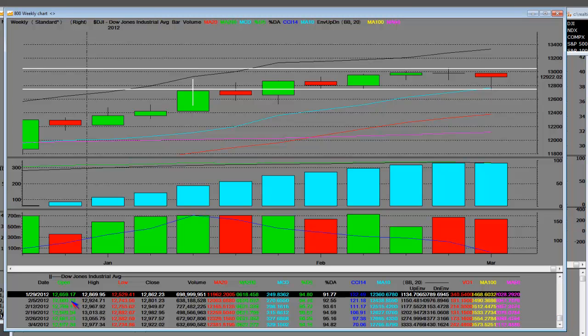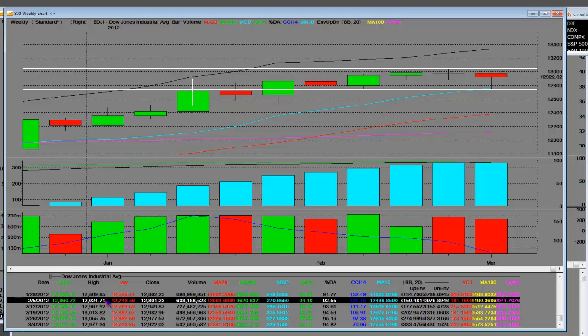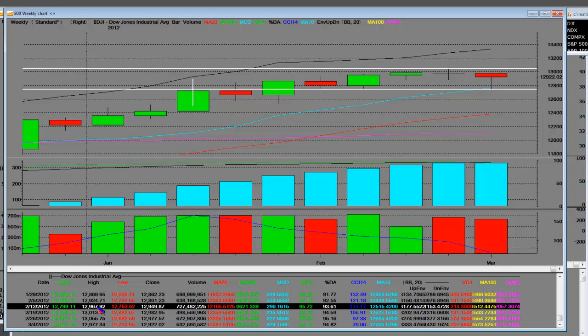Now, when we start the new week out, we went from a series of highs during the week of 2/5 calendar week, 12/9/24. Then we started out, the advance was 2/12 of 2012, 12,967.92 is that high.